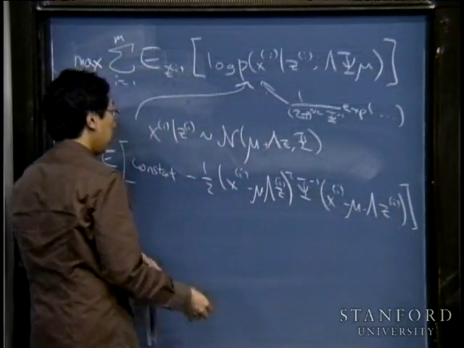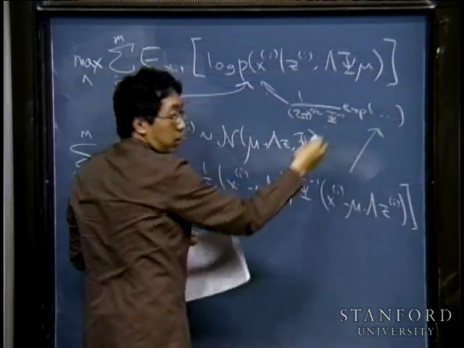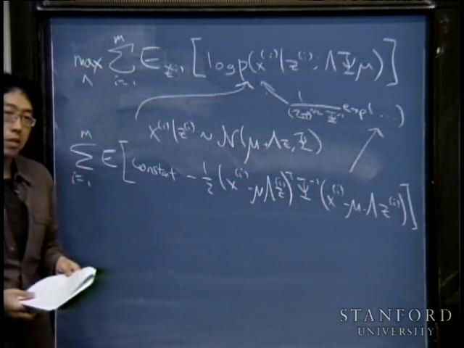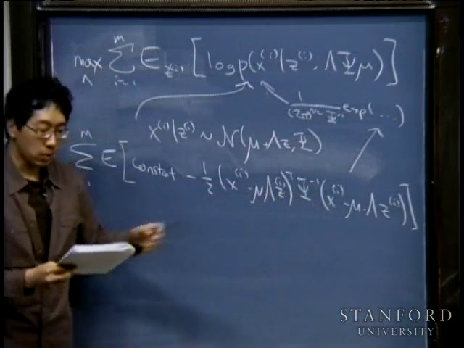This quadratic term essentially came from the exponent in your Gaussian density. When I take the log of the exponent, you end up with this quadratic term.